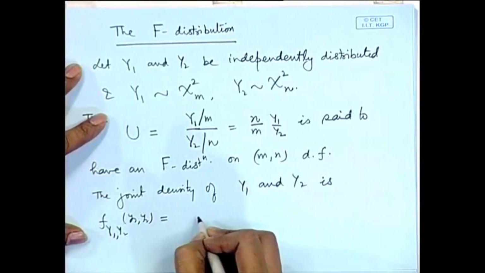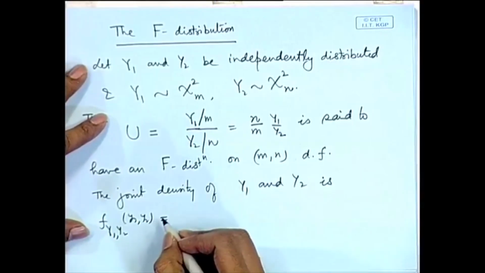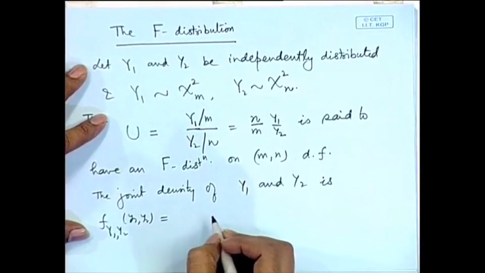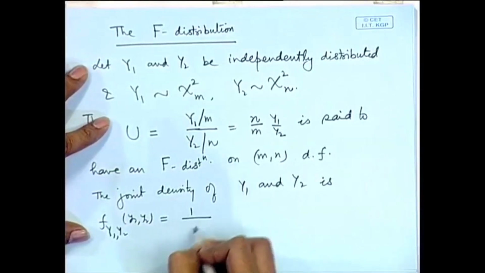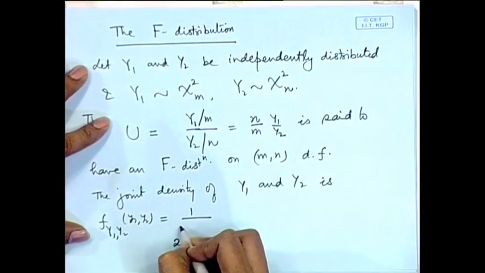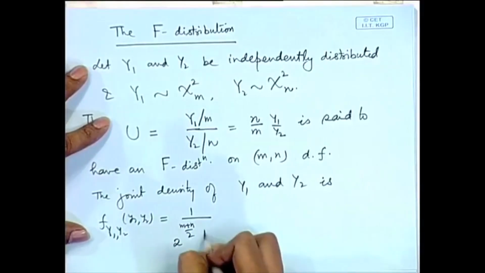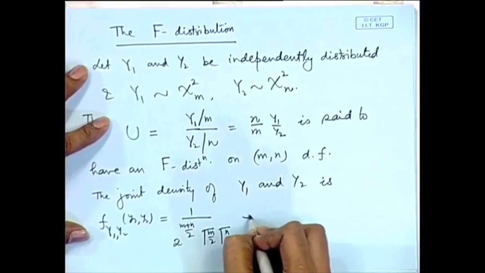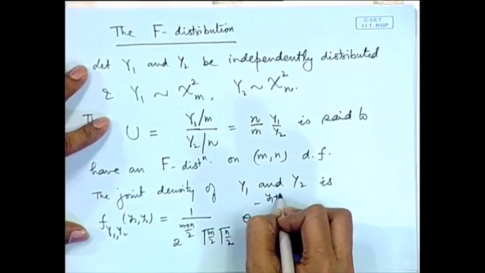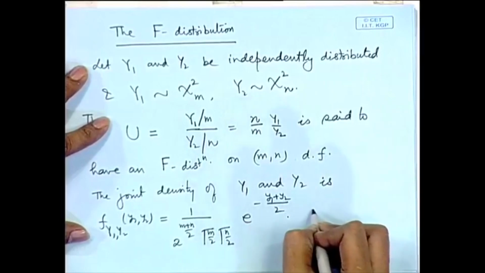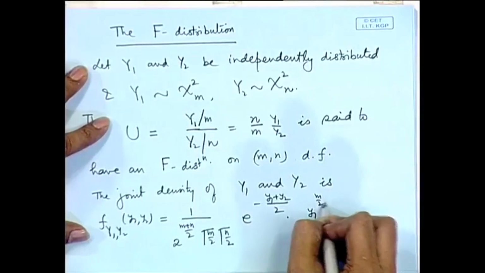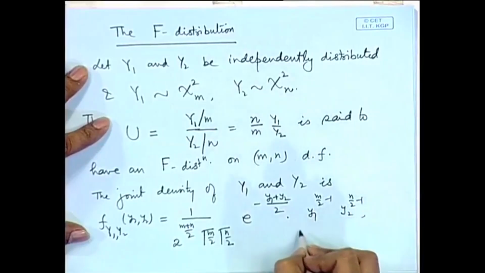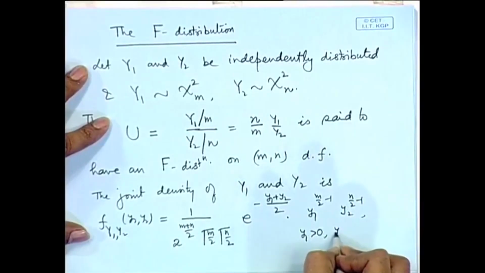Basically we multiply the individual densities of y1 and y2, which are chi-square densities on m and n degrees of freedom. If we combine the coefficients, it is 1 by 2 to the power (m plus n) by 2, gamma m by 2, gamma n by 2, e to the power minus (y1 plus y2) by 2, y1 to the power m by 2 minus 1, y2 to the power n by 2 minus 1, where both y1 and y2 are positive.